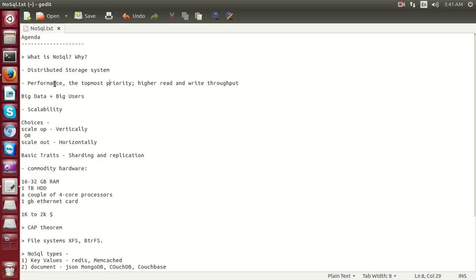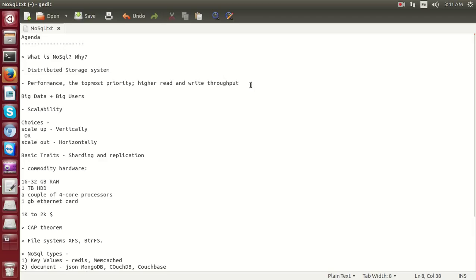And why it is required is because of performance. When your data is small, performance is not a consideration or a bottleneck, because everything loads up pretty quickly. But when the data grows big, that means you have big data and big users, the performance gets hampered.